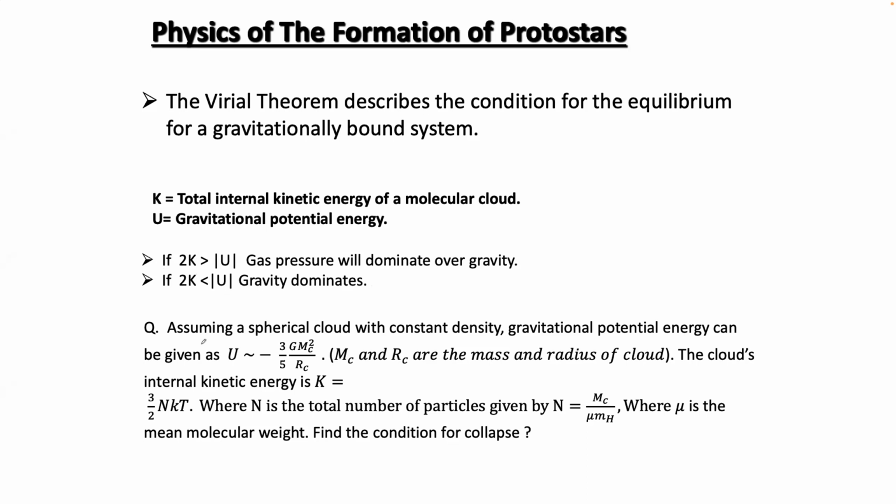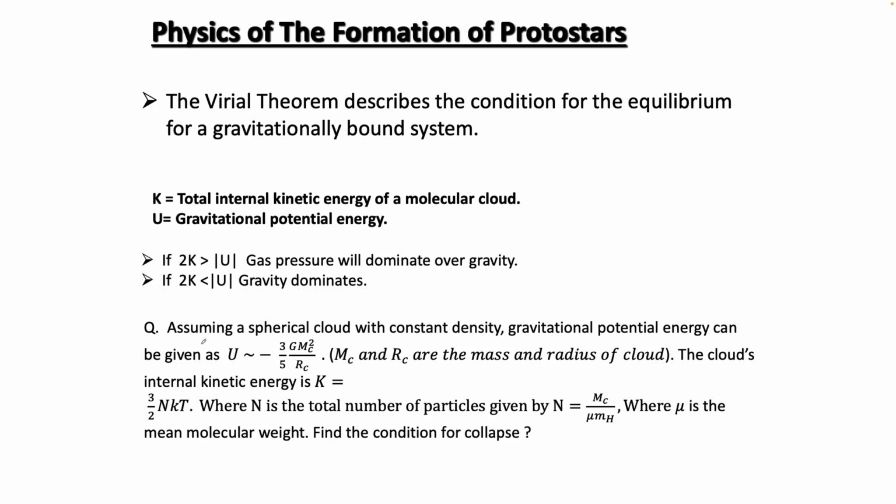Assuming a spherical cloud, so the shape of the cloud is spherical, you can assume it as a sphere with constant density. So you will have a constant density as well, and the gravitational potential energy for this kind of cloud can be given as U equals minus 3/5 G M_C squared over R_C, where M_C and R_C are the mass and the radius of the gas cloud.